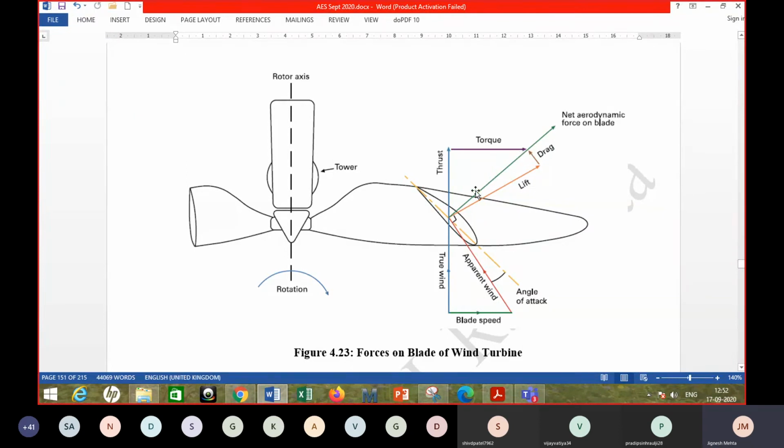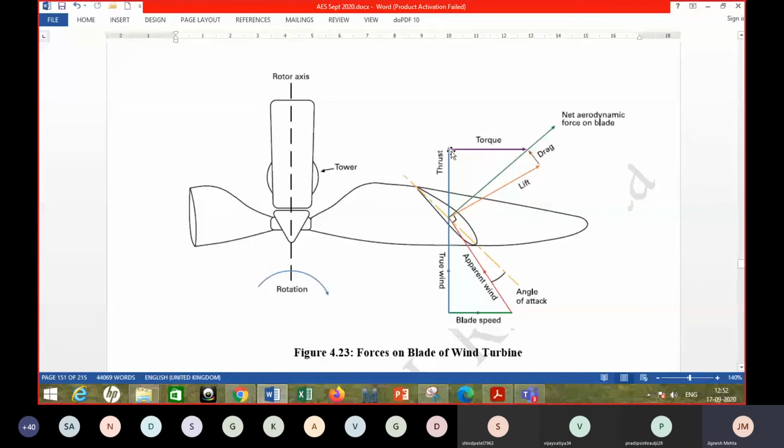Now you can resolve this force again into two parts, one parallel to the rotor axis, and the other perpendicular to it. The one parallel to the rotor axis is not going to contribute to the rotation of the blade. It is actually going to apply thrust force on the turbine, on the tower rather, so you need a design which is able to take up this thrust force.